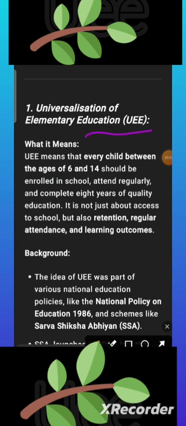Universalization of elementary education. UEE means ensuring that every child in the 6 to 14 age group has access to quality education, attends school regularly, and completes elementary education. Three core aspects of universal elementary education.